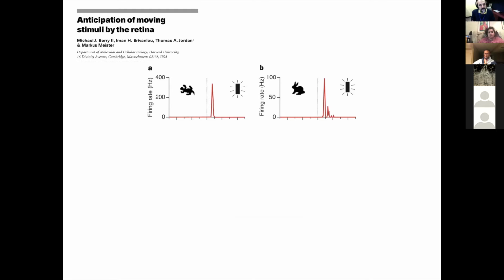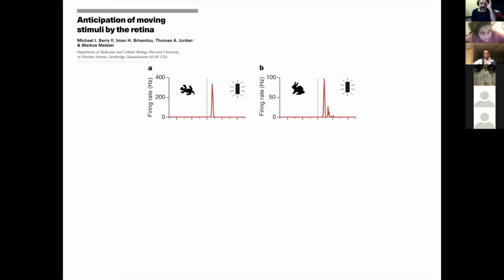And so here is an example of a paper which I highly recommend. It's a very interesting paper by Marcus Meister's group. And the idea is that when you go record from retinal ganglion cells that are motion selective, and this is done in salamander and in rabbits.